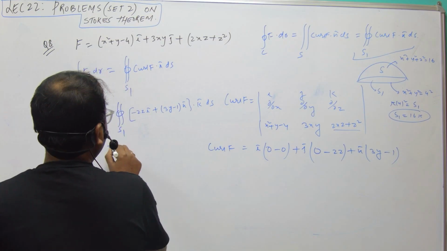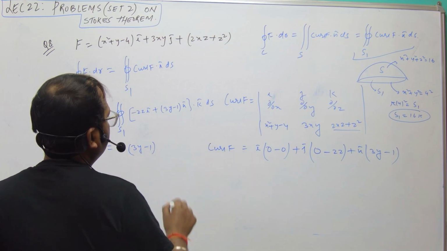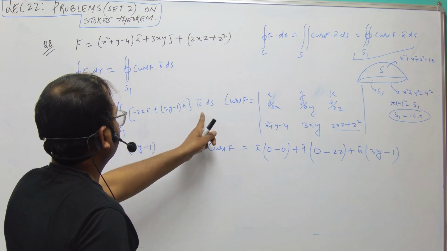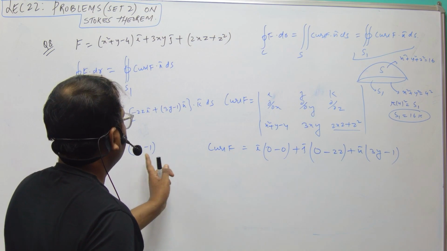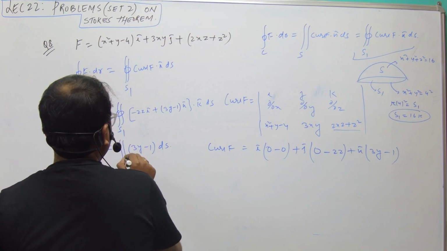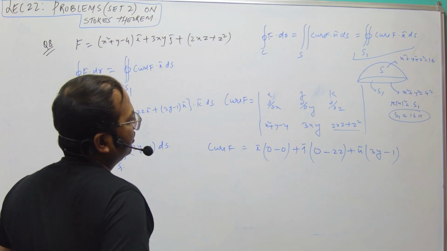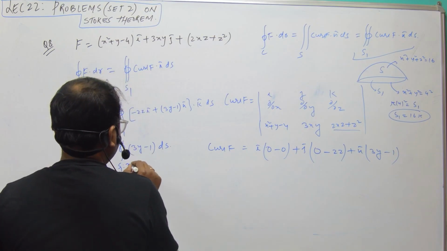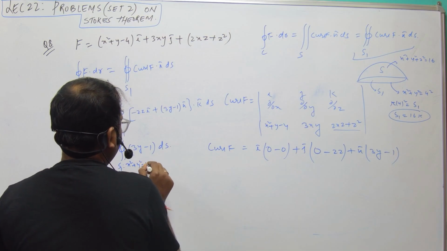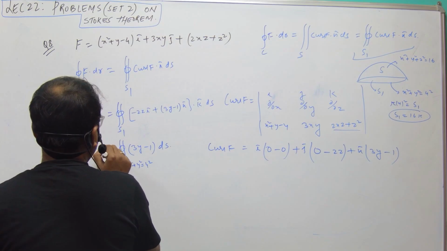So this is equal to (3y minus 1), there is no term of I cap in the dot product with k cap, so (3y minus 1) into dS. And this is along the surface S1, a circle of radius 4, so x square plus y square is equal to 4 square. This is the value of the line integral F dot dr.